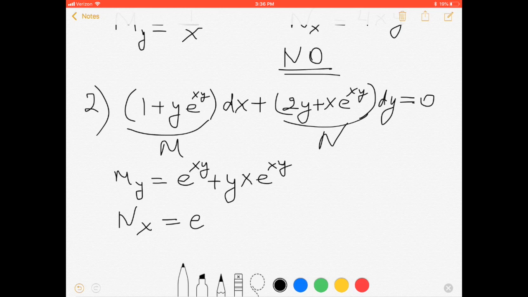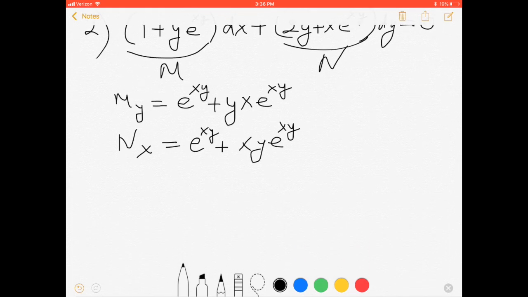This means e to the xy plus x y e to the xy. As you can see, this is equal. This means you have the answer yes to the question whether this is an exact equation or not. And now we try solving.